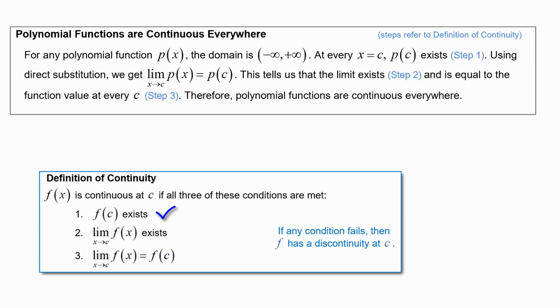So this tells us that the limit exists, which satisfies step 2, and that it is equal to the function value at every c, which satisfies step 3. Because steps 1, 2, and 3 were all satisfied for every possible x equals c on the entire real number line, polynomial functions are continuous everywhere.